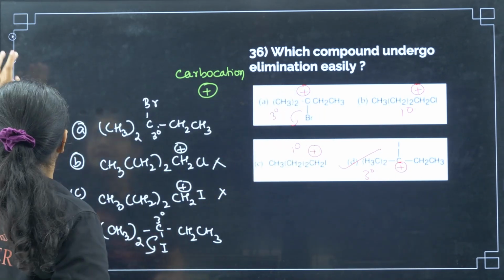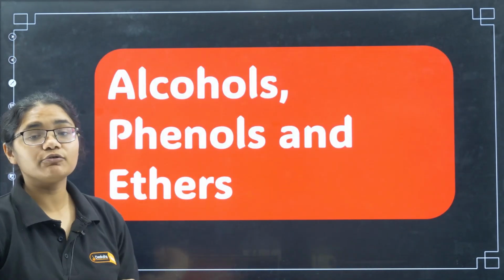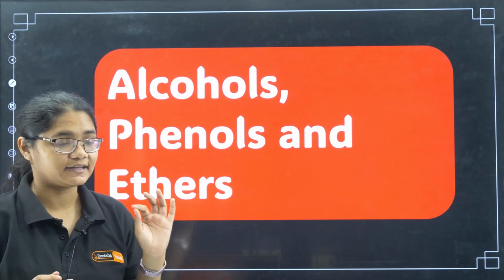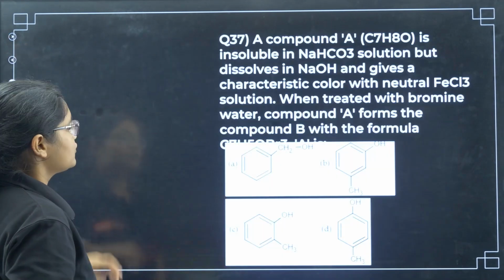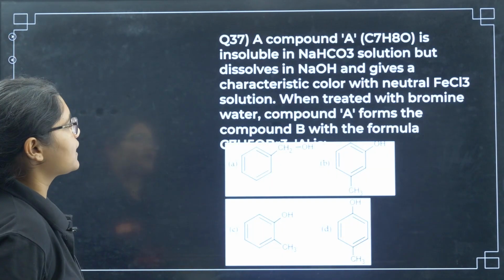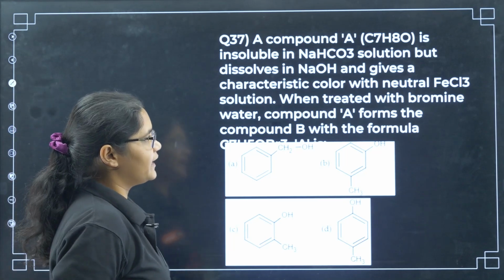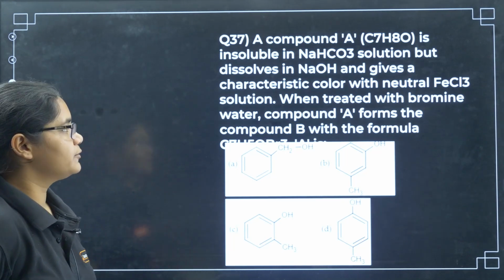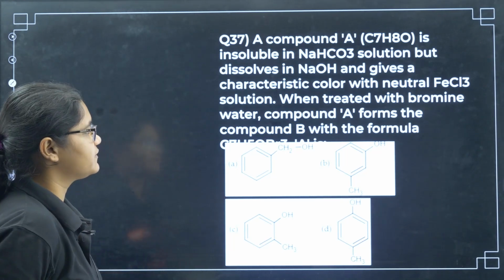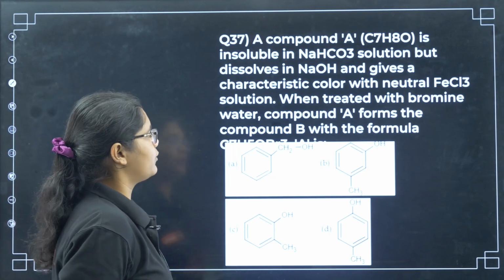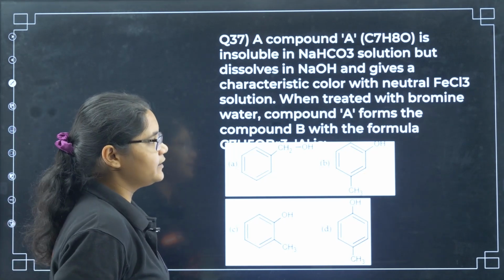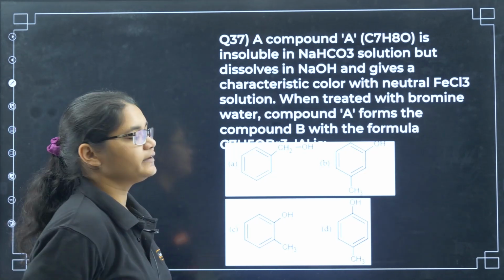Okay, next we'll move to alcohols, phenols, and ethers, the next important chapter. So the question here is, a compound A, that is C7H8O, is insoluble in NaHCO3 solution but dissolves in NaOH and gives a characteristic color with neutral FeCl3 solution.